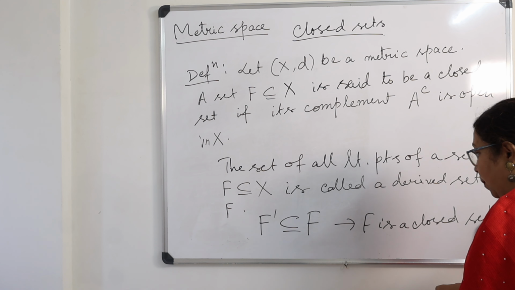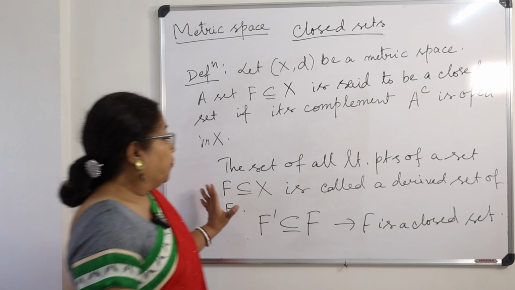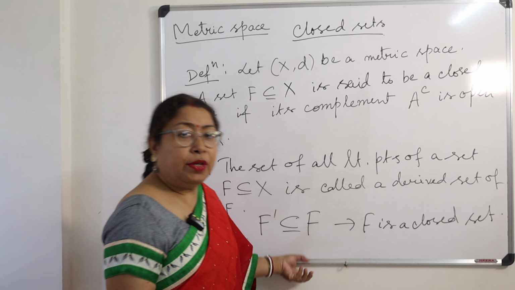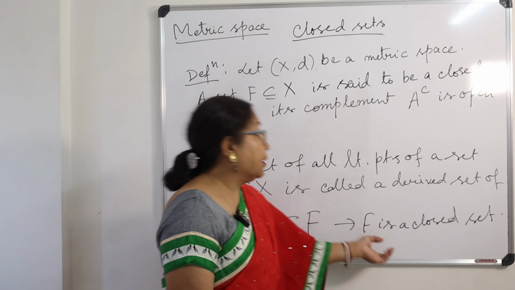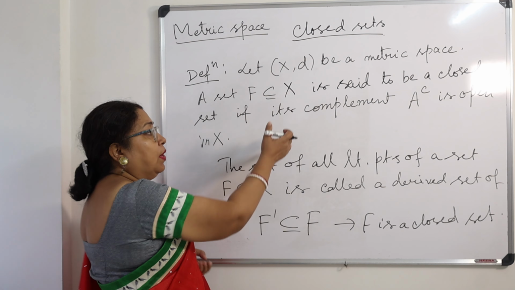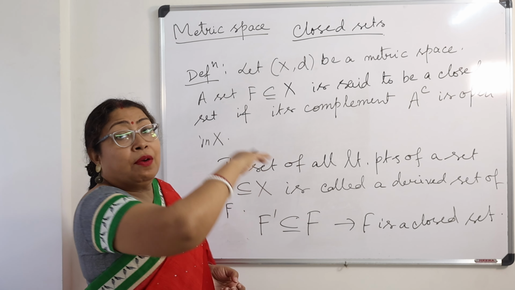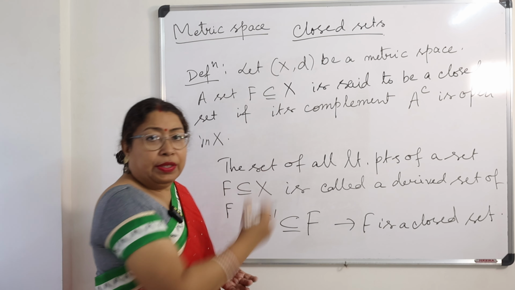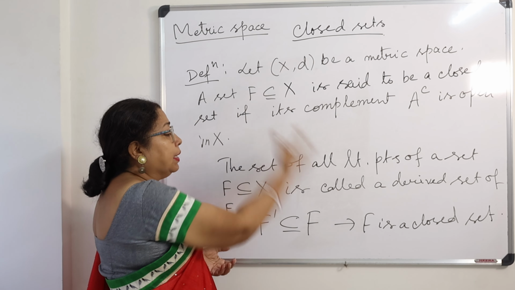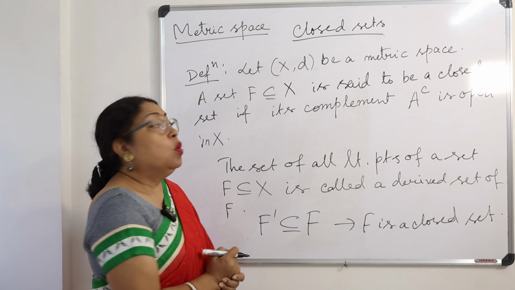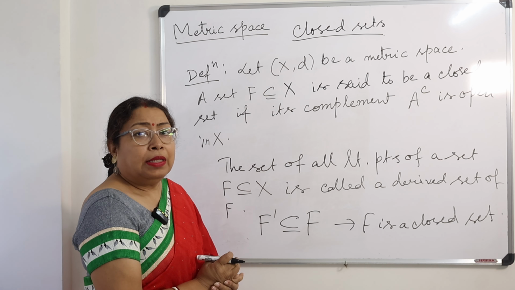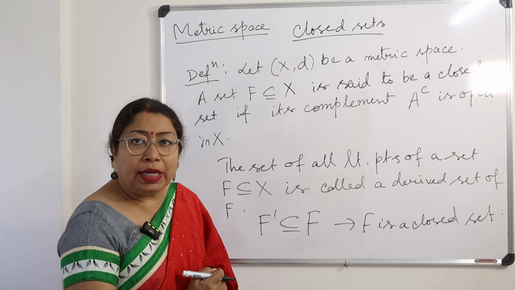Closed set. Okay? In terms of limit points, we can define a closed set, or we can define a closed set via open sets. Now, what is the relation between these two definitions? Obviously, they should coincide.